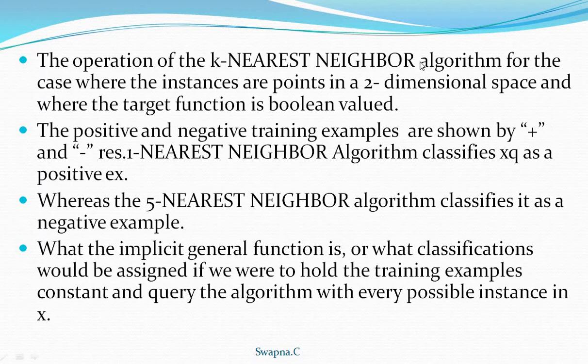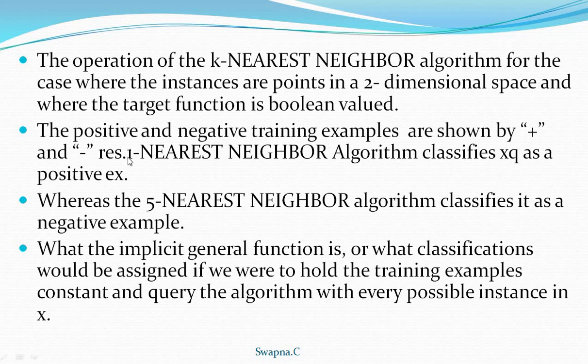Consider the operation of the k nearest neighbor algorithm for the case where the instances are points in a two-dimensional space and the target function is Boolean valued. Here the positive and negative training examples are shown. Only two classifications are there in the training examples, positives and negatives. Positives are shown as plus, negatives are shown as minus.